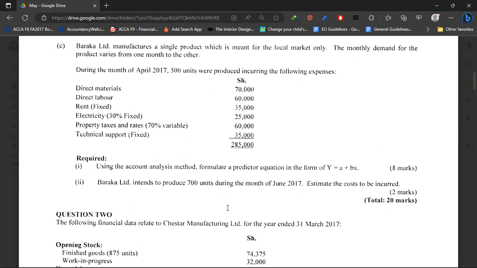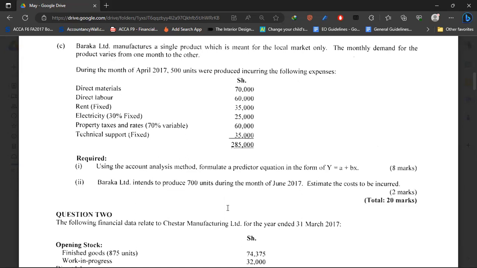Required: using the account analysis method, formulate a predictor equation in the form y is equal to a plus bx. Number 2, Baraka Limited intends to produce 700 units during the month of June 2017. Estimate the cost to be incurred.